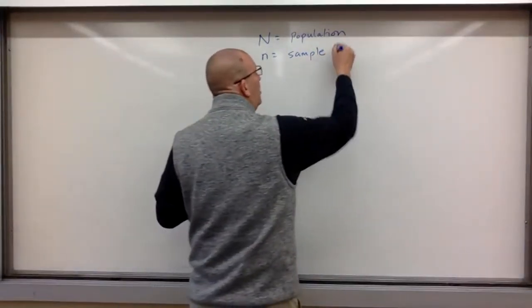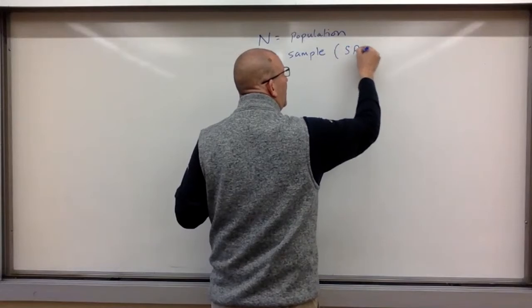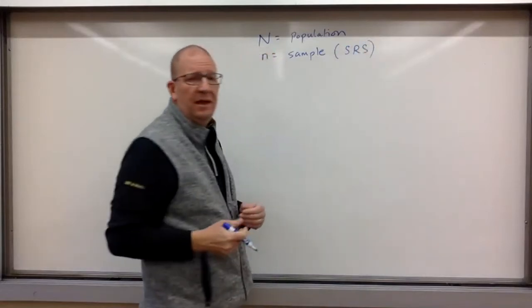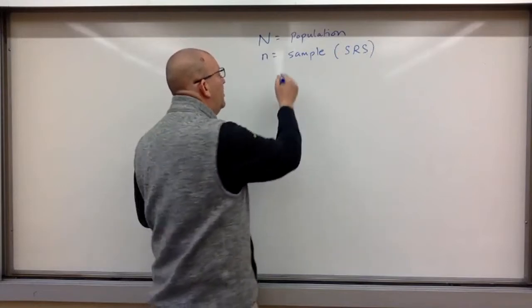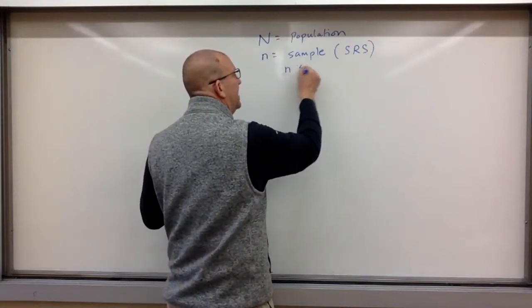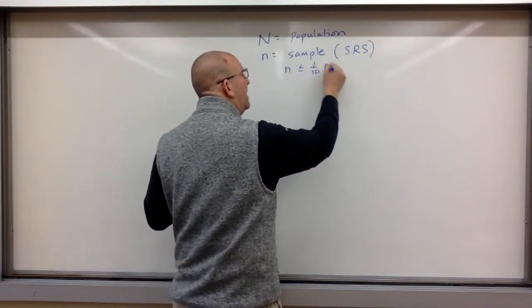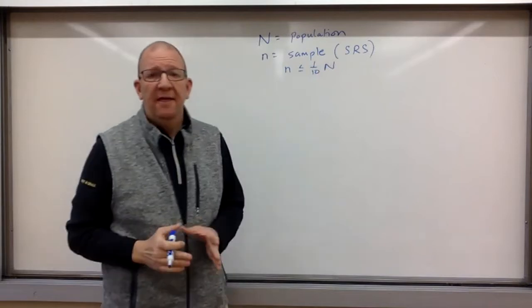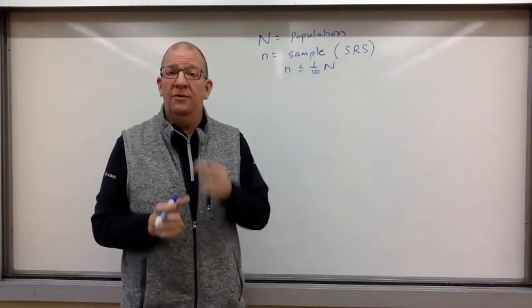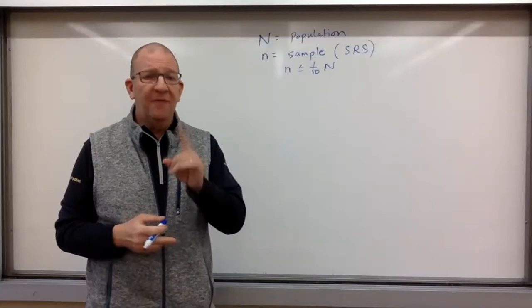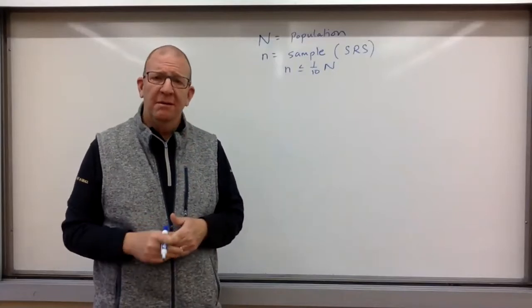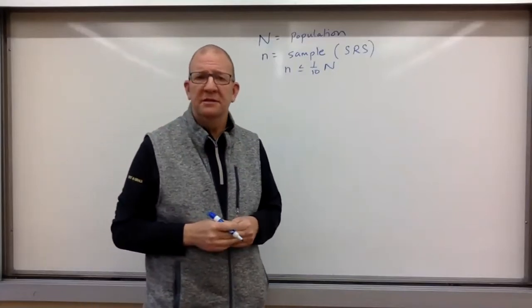But basically, what we want is a simple, random sample. How big is the sample? Well, we know that little n has to be less than or equal to 1/10 of big N. That's always going to be true regardless of what we talk about, means or proportions. Now, there's going to be a few more constraints on little n, but let's see what happens.